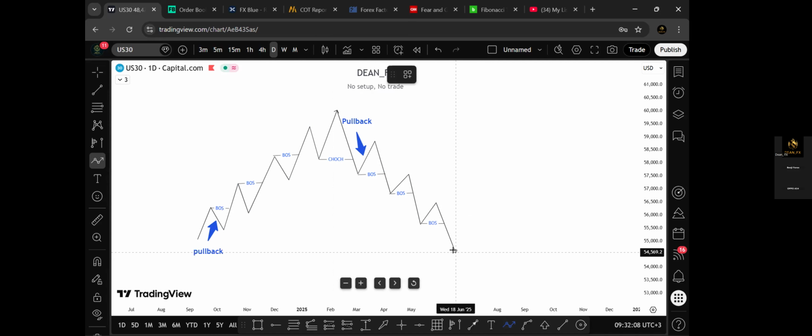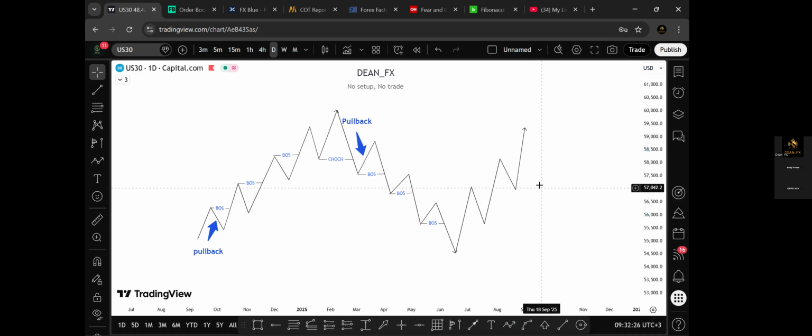So let's say, for example, this is the low that was made. Price will come and do something like this. Actually, as you can see, this whole structure, this is a SMC draft.